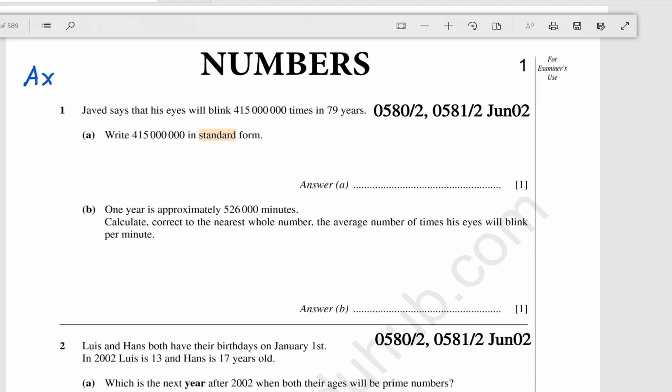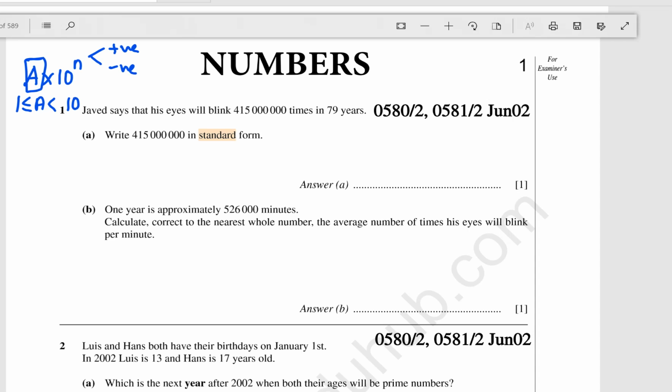The rule is a into 10 raised to n, where n can be a positive integer or a negative integer, and a has a special rule: 1 is less than or equal to a, but a is always less than 10. That means the number a should be between 1 and 10. It can be 1, but it has to be less than 10.